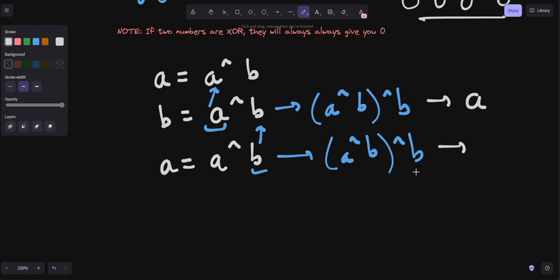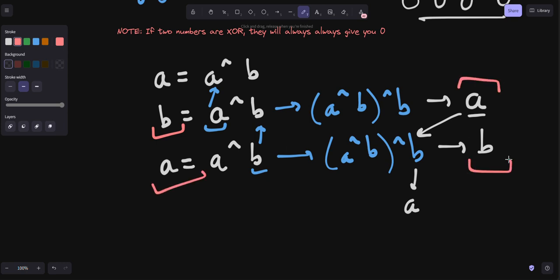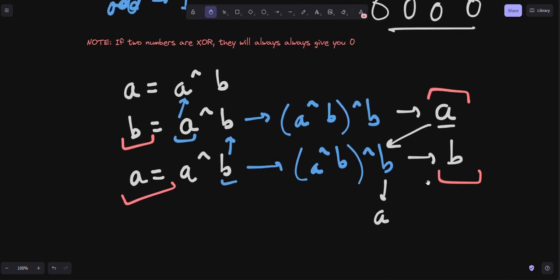This B will have the value of A, because from here this will have this value. So if you do A XOR A, 0. Then just B is left. Can't you see, you just swapped, you made B as A, and you made A as B. This is how the swapping works with bit manipulation.